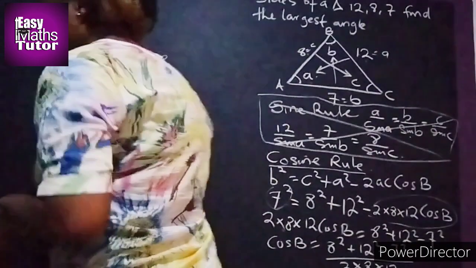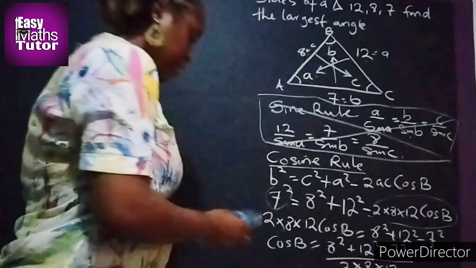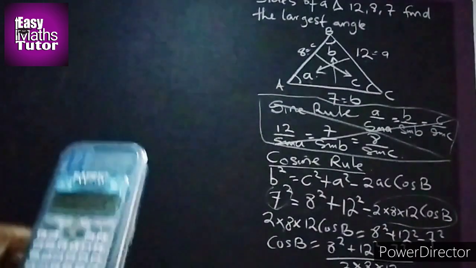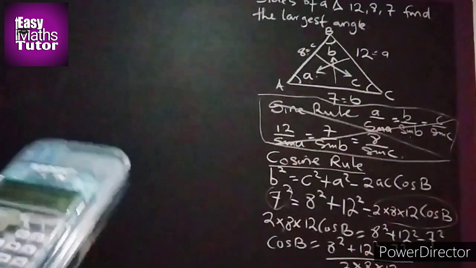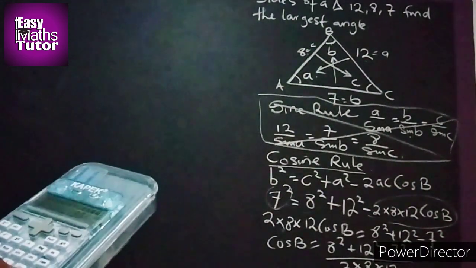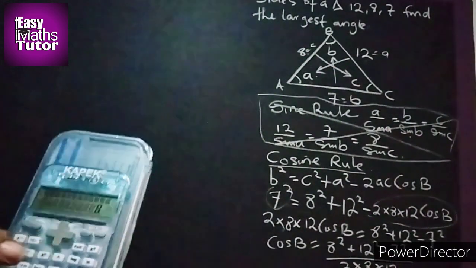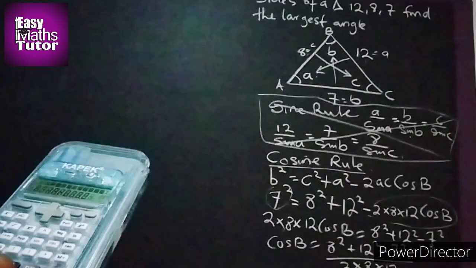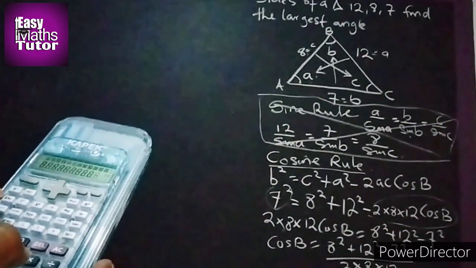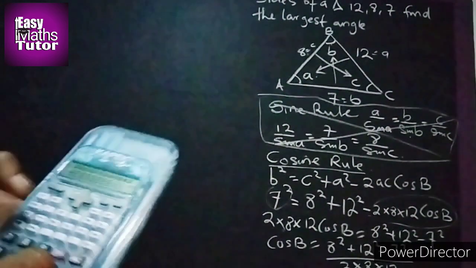Quickly using our calculator, let's do this together. 8 squared plus 12 squared minus 7 squared gives us 159.